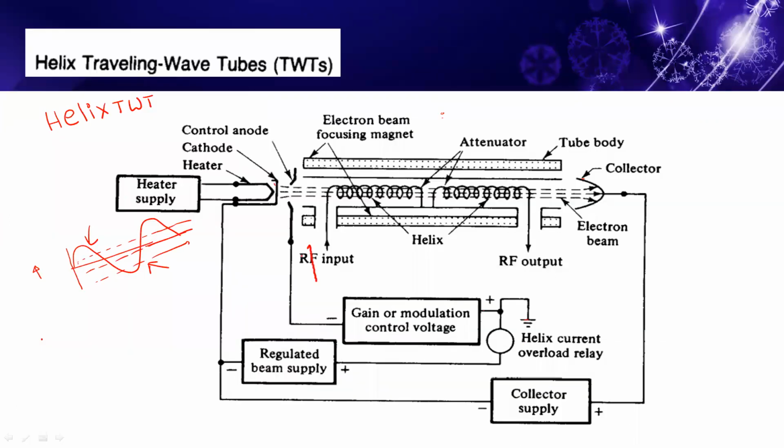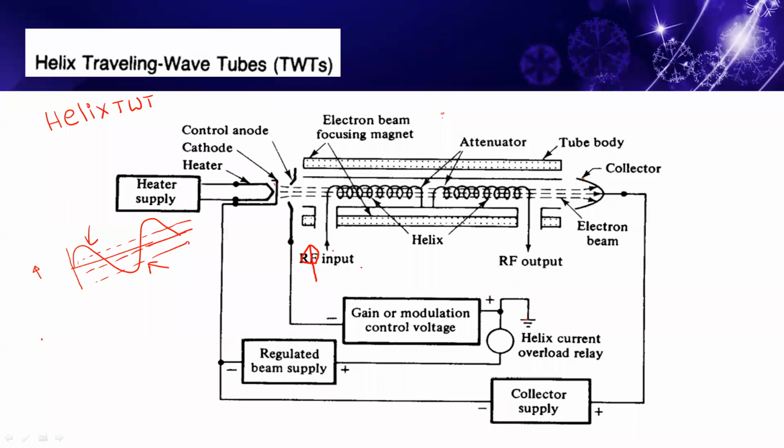Likewise, when you apply RF input through this helix, these focusing magnets adopt this signal, which is a constant magnetic field. The electron beam is trying to capture it.